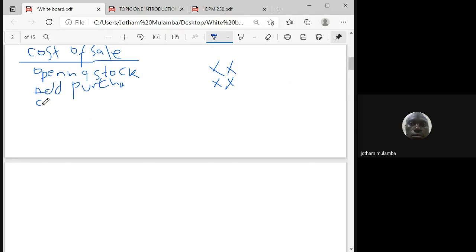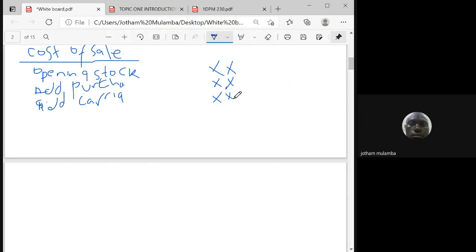So we record here, we add carriage inward. So we add to the cost of purchase. The reason why we add to the cost of purchase is that there are high chances that the shop you buy those goods from at Kamkunji could also be supplying those goods.